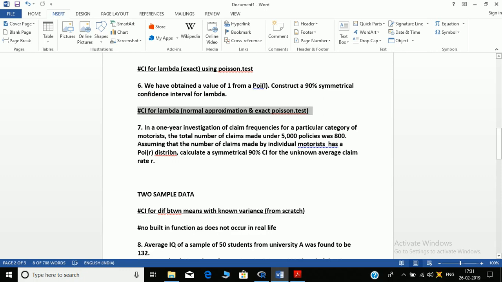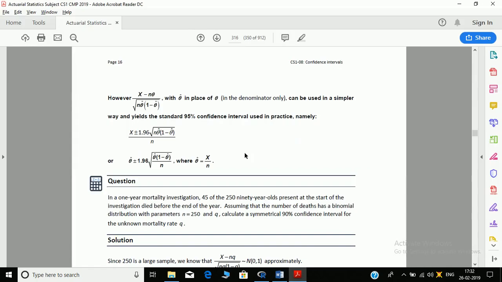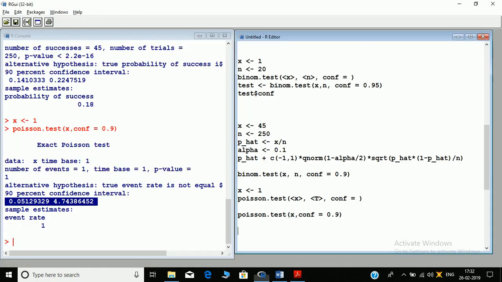Assuming that the number of claims made by individual motorists has a Poisson distribution with rate R, calculate a 90% CI for the unknown average claim rate R. So again here X is 800, N is 5,000, T is 5,000, and we have to obtain a 90% confidence interval. So first let's use normal approximation.